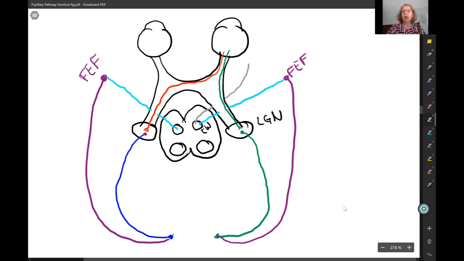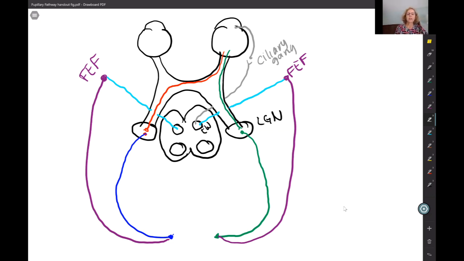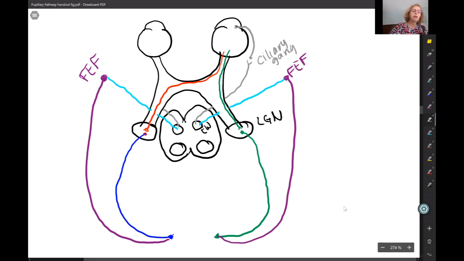It goes up and synapses in the ciliary ganglia, and then goes to the iris sphincter and the ciliary body muscle. And the same thing will happen on the other side. Get to the ciliary ganglia and then to the iris sphincter muscle.